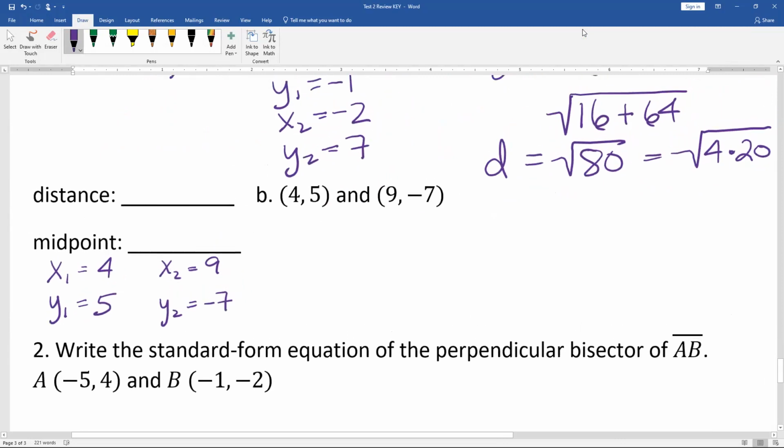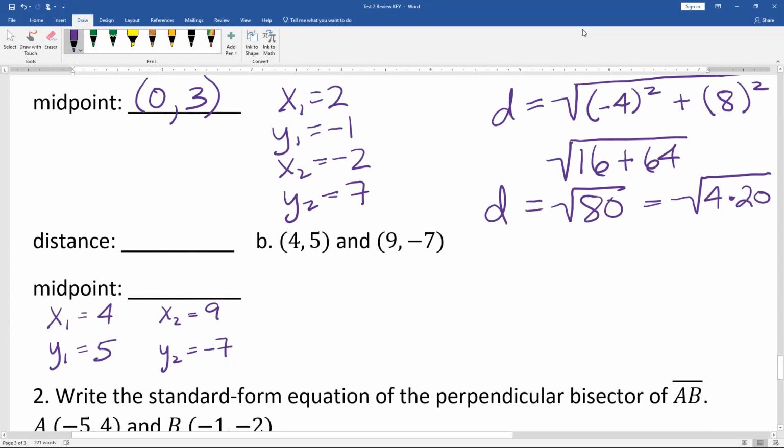So my distance formula: the distance equals the square root of the change in x, so x2, which is 9, minus x1, which is 4, squared, plus the difference in y, which is -7 minus 5 squared.